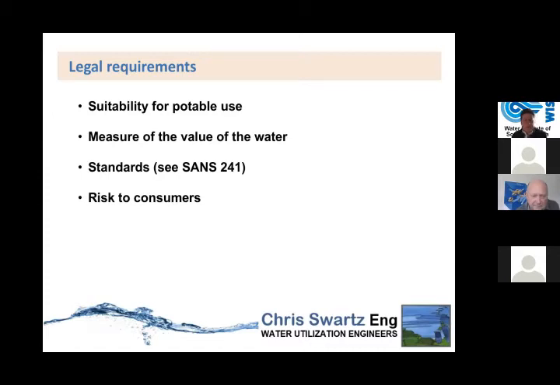The latest version is the 2015, but they're working on the new one and it should come out next year. So the latest version will probably be SANS 241 of 2021 then. And then obviously where we're not regulated in terms of the CECs and so on, we use EPA, Australia, WHO lists and other regulations.